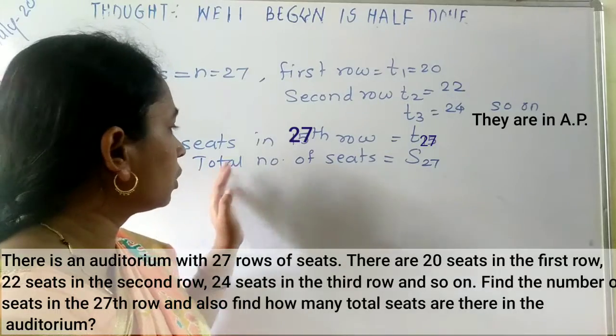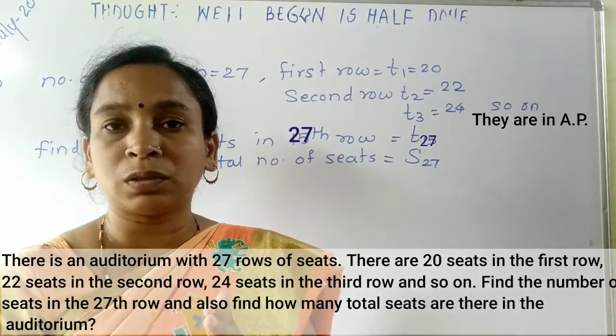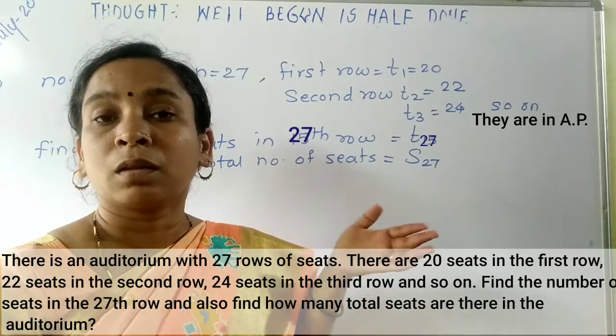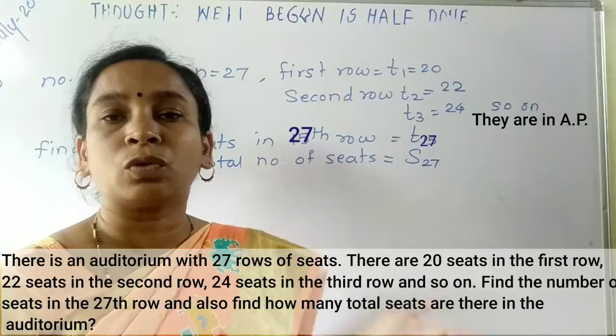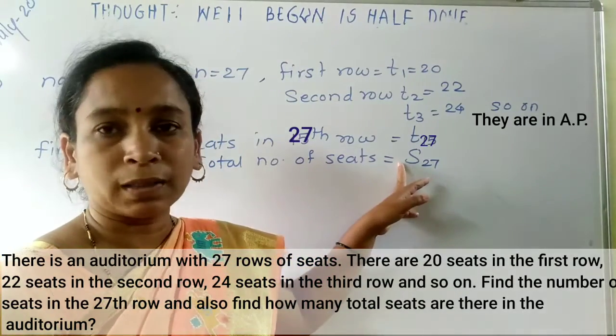Next they asked for the total number of seats. Total means in 27 rows how many seats are there. So we have to add the seats from first row till 27 rows. So here we have to find out S27.